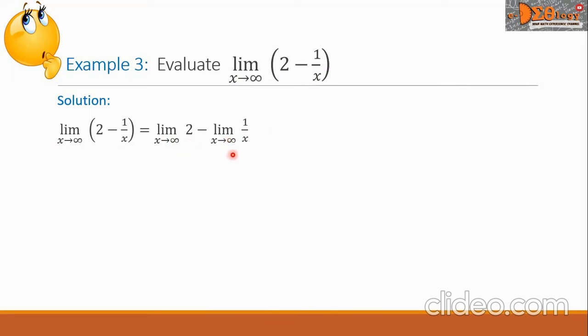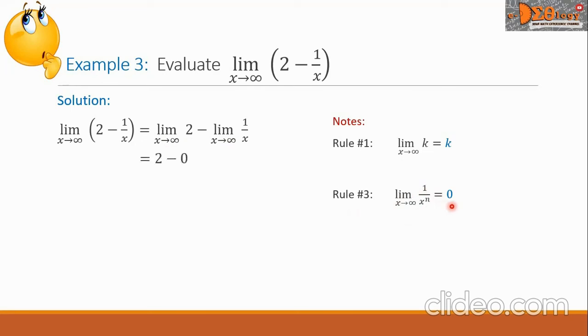x approaches infinity. Take note that the rule number 1 says the limit of the constant k as x approaches infinity equals k. While rule number 3 says that the limit of 1 over x raised to n as x approaches infinity equals 0.